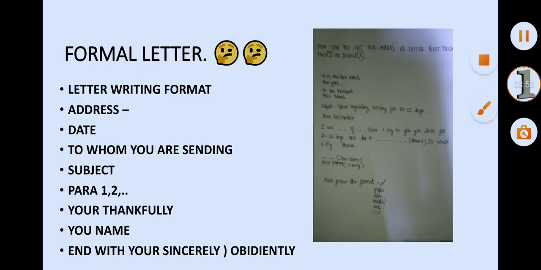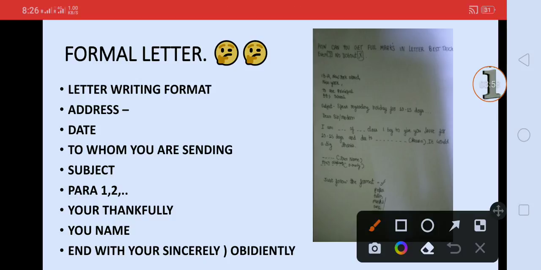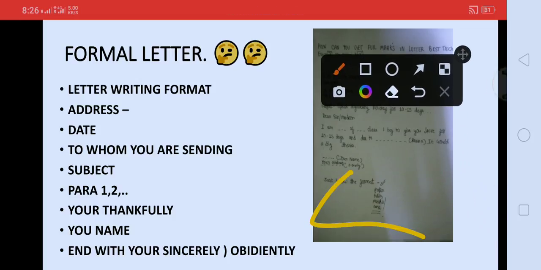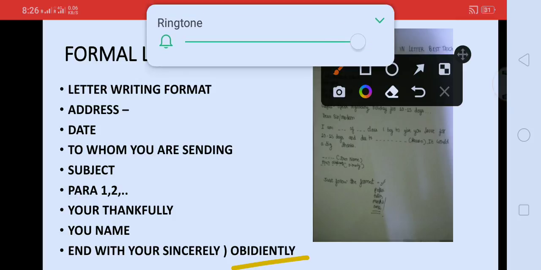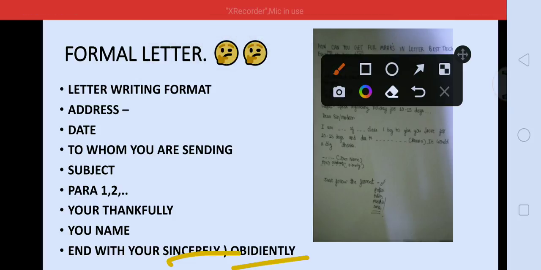So at the ending, you have to always write, yes, at the ending you have to mention, for example, over here we are mentioning obediently and sincerely.